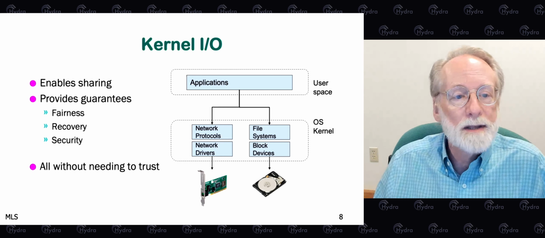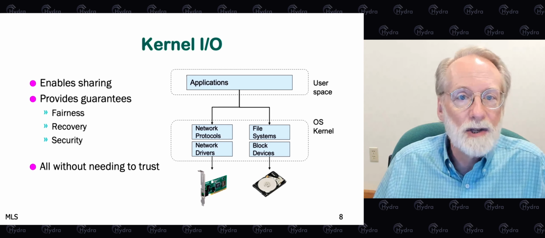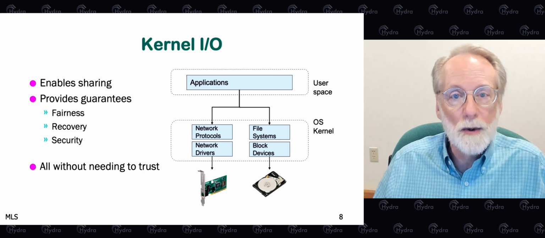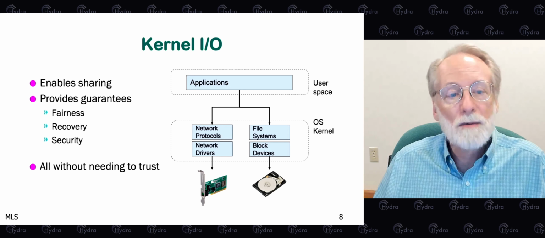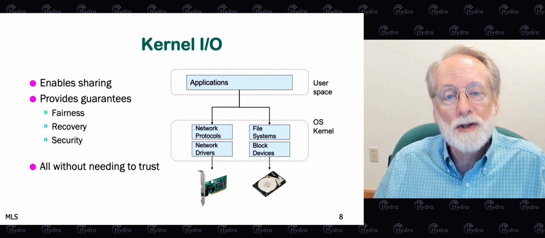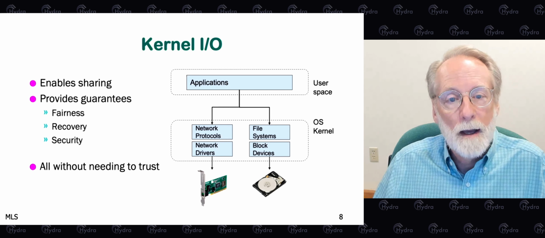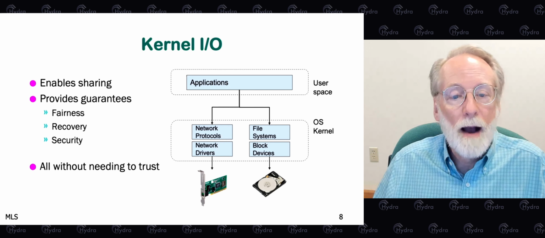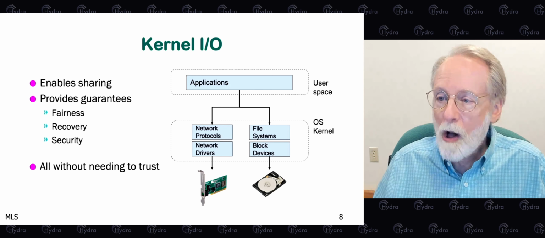And the kernel is therefore able to enforce global policies on fairness, quality of service expectations. It's able to recover resources when an application fails, and it bears the responsibility for security to make sure that one application can't damage the resources of another.